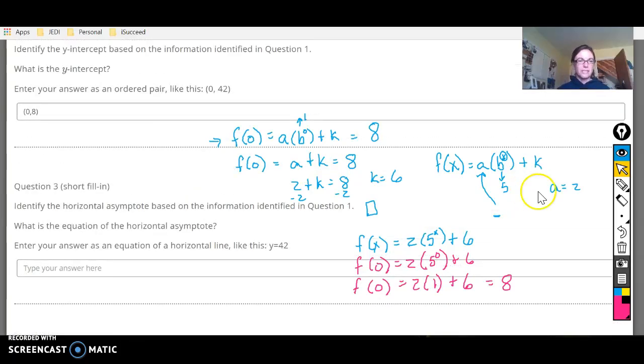Okay, identify the horizontal asymptote based on the information identified in question 1. So what number will y never ever be less than?